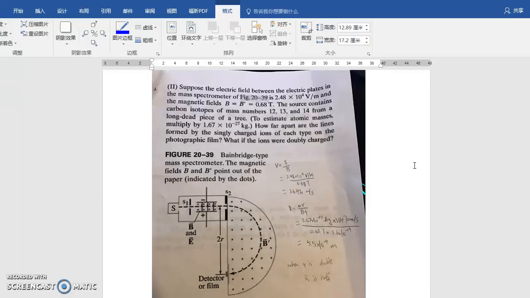So we can easily calculate the radius between them. And when the q is doubled, the r will become half. It's simple.